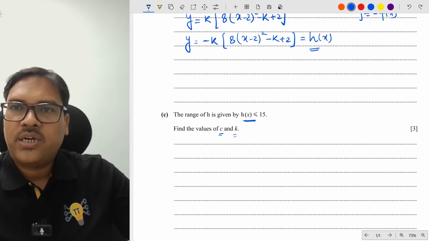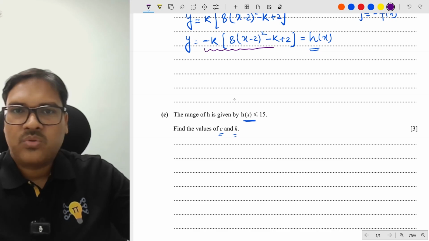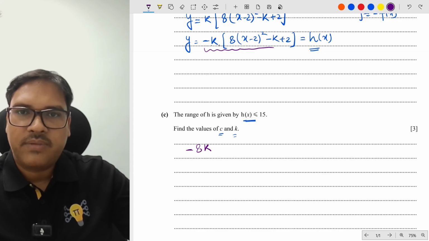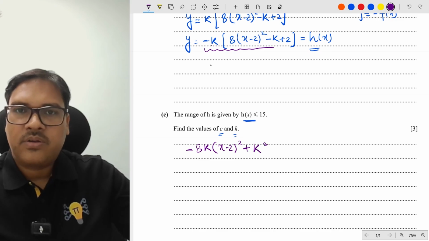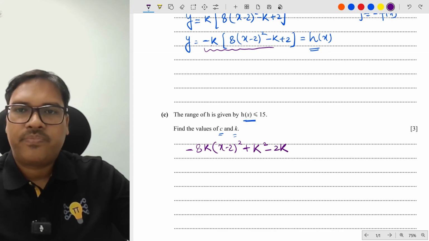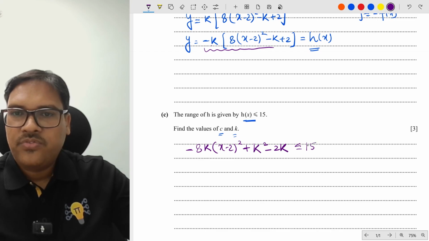So what is the h(x) function? This is h(x). I can say this is negative 8k times (x minus 2) squared, plus k squared, because I multiply this minus k inside, negative k into negative k, and this will be minus 2k. This is our h(x) function, and it is given that this is less than or equal to 15.